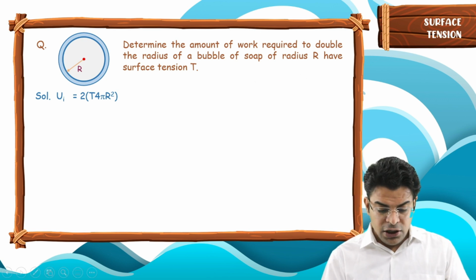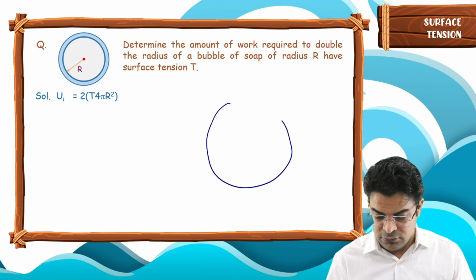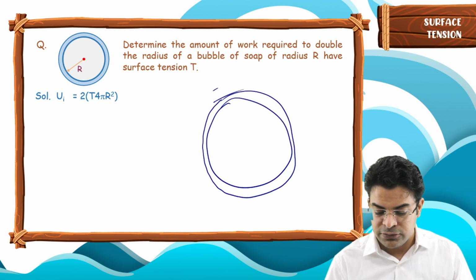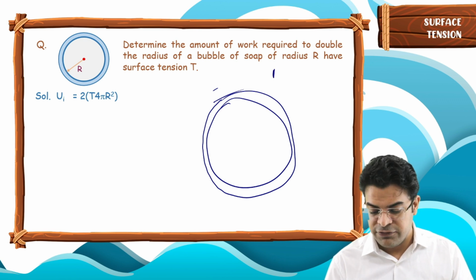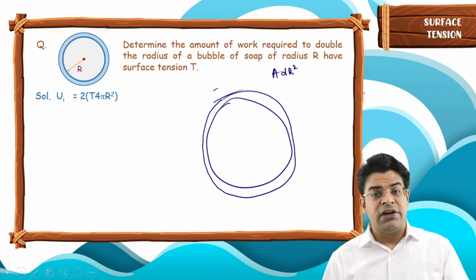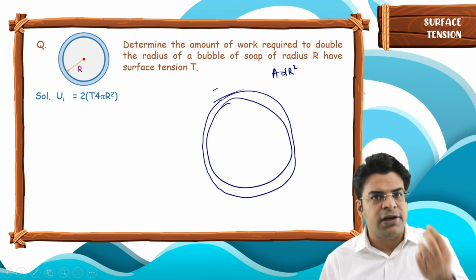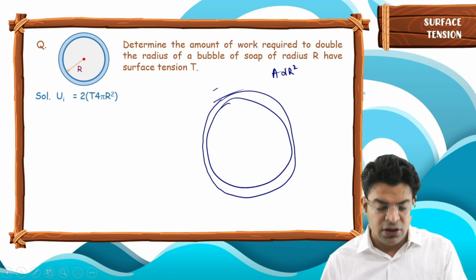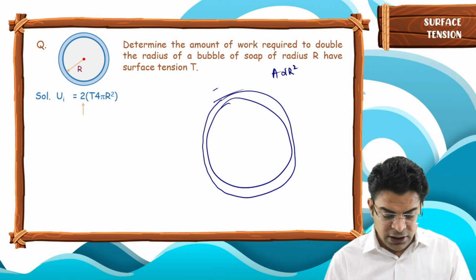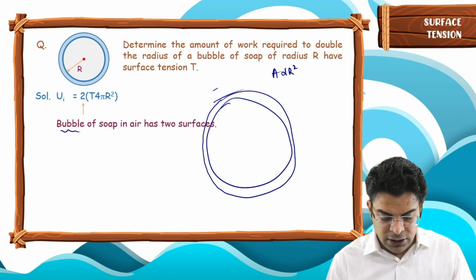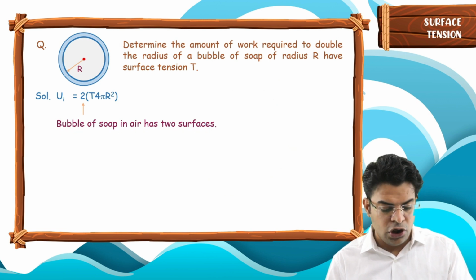Now when you double the radius, the outer surface area becomes 4 times, because surface area is proportional to r square, as well as the inner surface area becomes 4 times, right? So the overall surface potential energy becomes 4 times. But how to write it? See, you will say here 2 because the bubble of soap in air has got two surfaces.